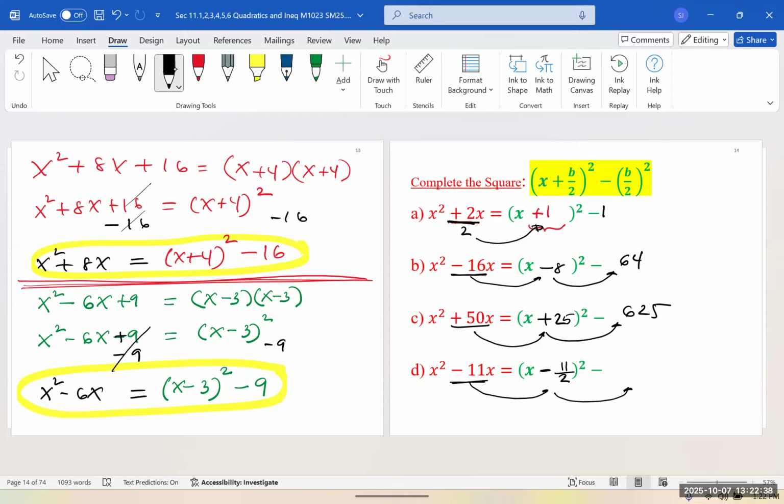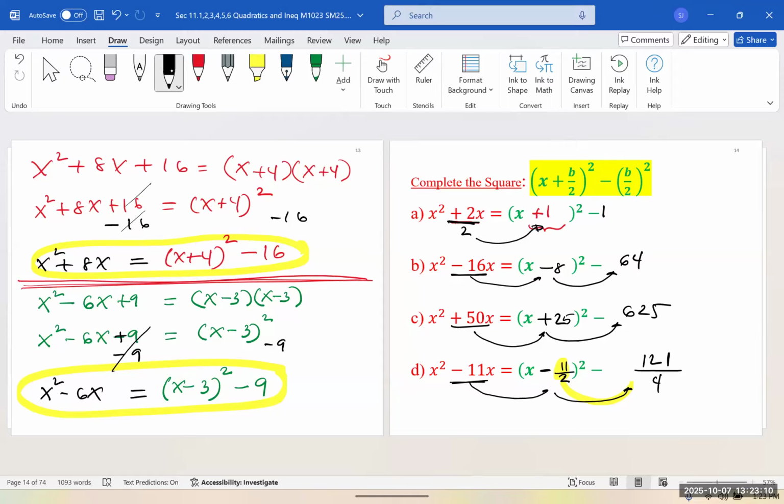So what is 11 squared? 121. And we are dividing by 2 squared, which is 4. We have no idea what that is as a decimal, but we don't care because we are looking at the square as a fraction.